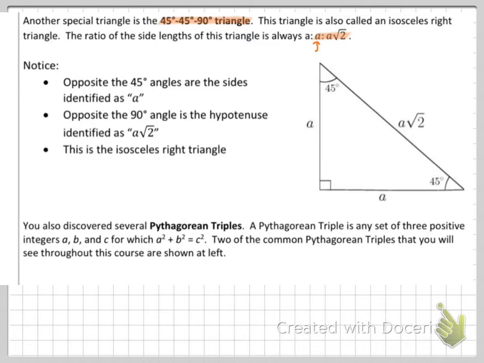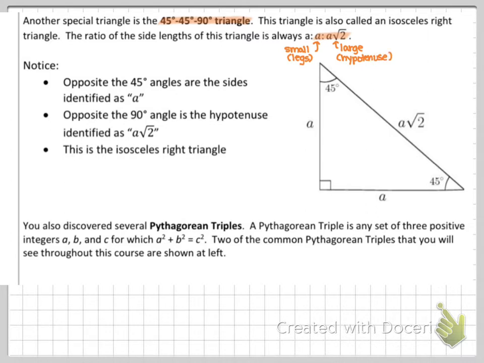If the 45s match, then we have two sides that are the same length. You could call this the small side, but I'm just going to refer to it as the legs. Whereas the A root 2 is the large side. We're still talking about a right triangle, which means that's the hypotenuse. We can identify the sides the same way we did previously.